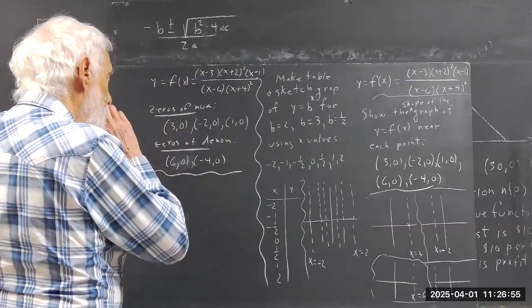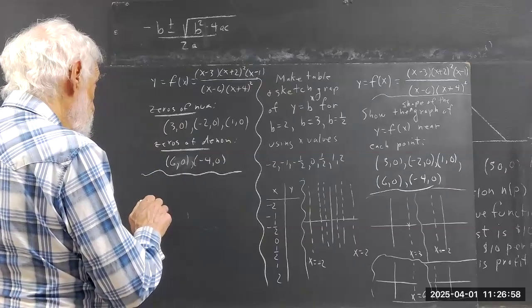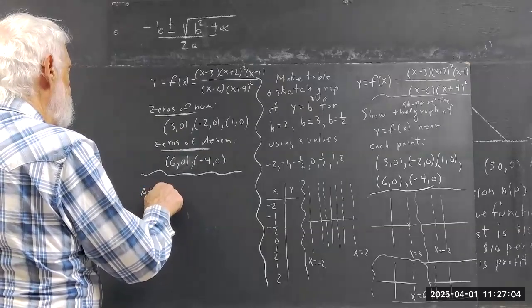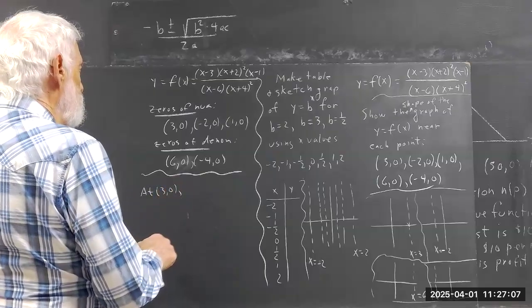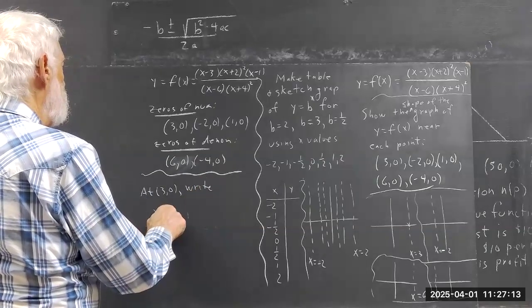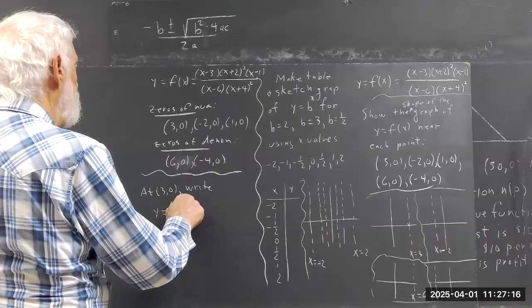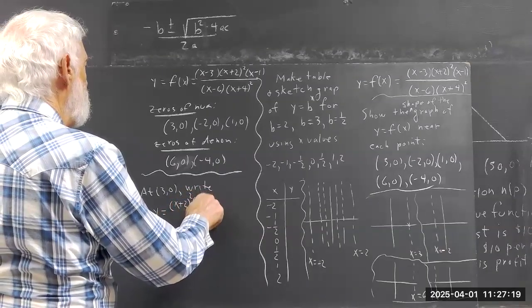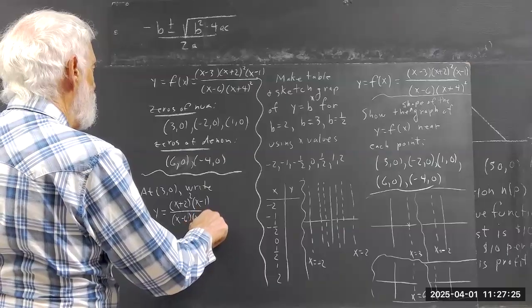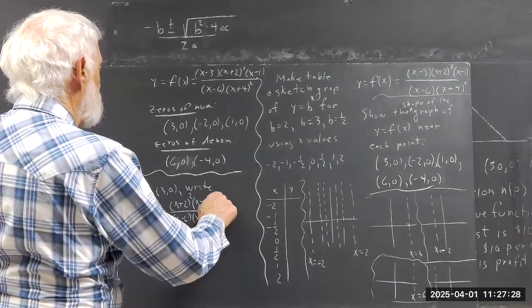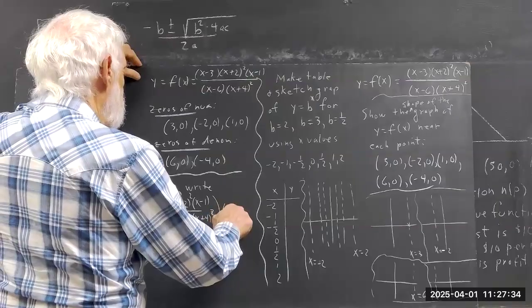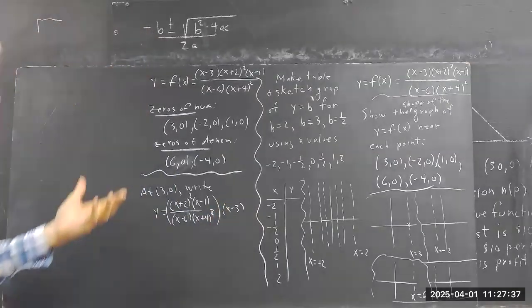Well, then at 3, 0, you could write this as all this stuff multiplied by x - 3, right?